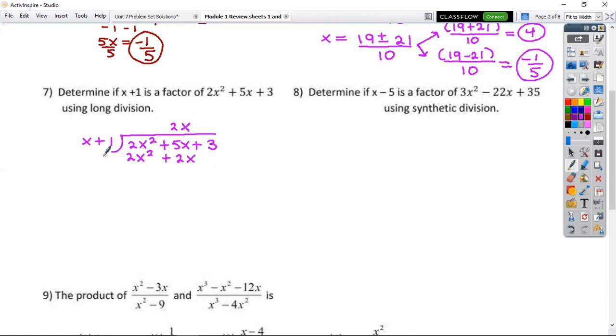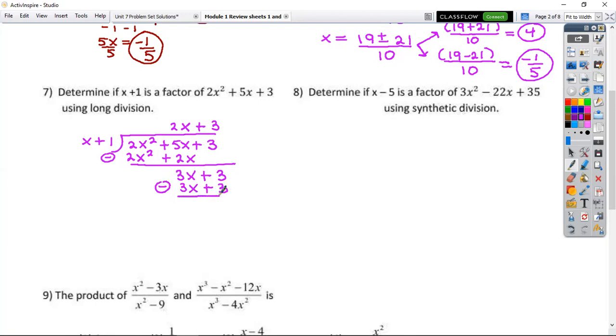And then you subtract. All right, so I'm going to have a 3x plus 3 and do it one more time. So what do we need to multiply by to make it say 3x? Good. Distribute it. I get 3x plus 3. And does this have a remainder? Nope.